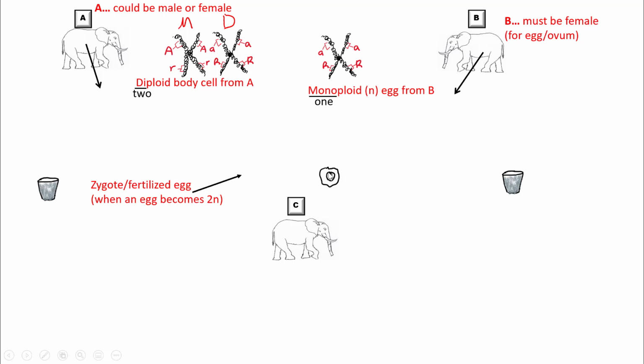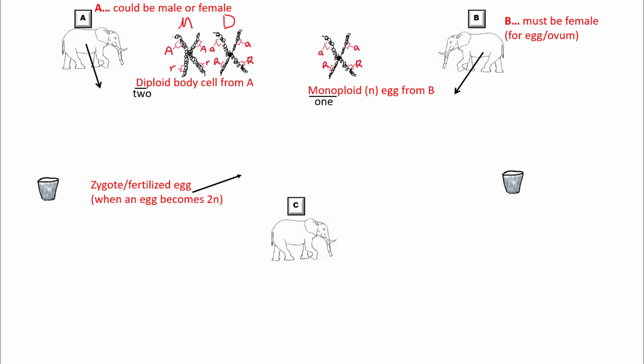This nucleus now, this cell, this zygote, is going to be put into elephant C. Elephant C will allow this growing ball of cells, which will become an embryo and a fetus and eventually a baby elephant, to grow inside its uterus.